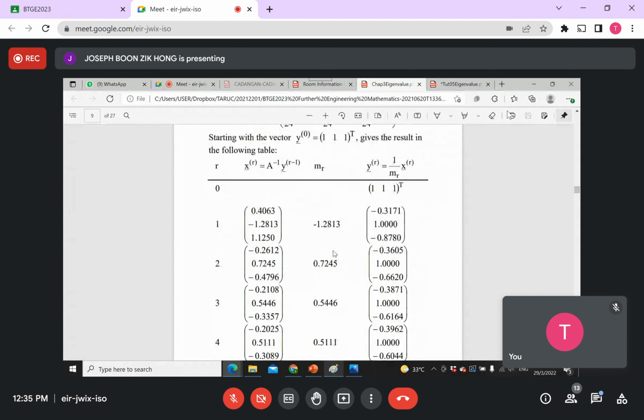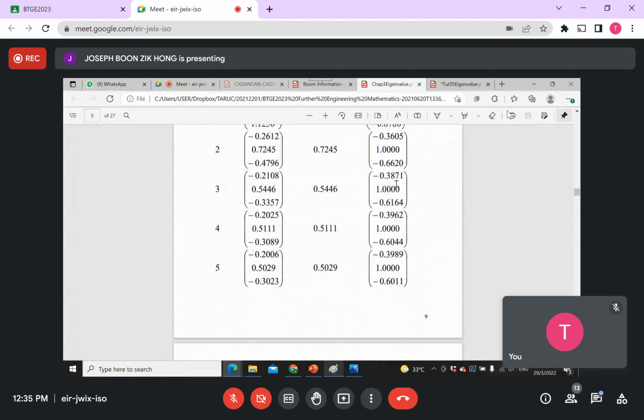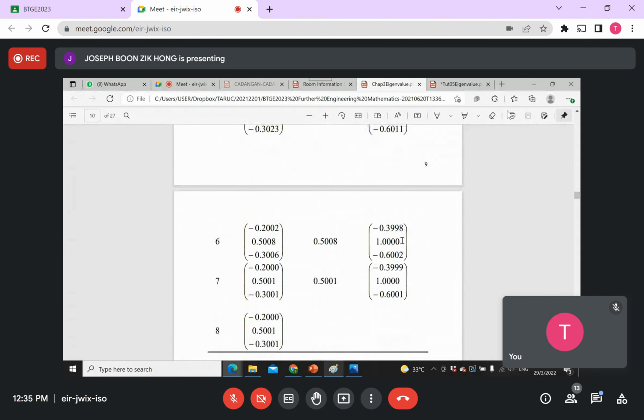Again, you take the biggest one and then everything divide by the biggest one, until you find that it does not change much. You see negative 0.3998 and negative 0.3999, 1 and 1, negative 0.6002, negative 0.6001. So the difference is very, very small. It's less than 0.001. So that means we can stop already.